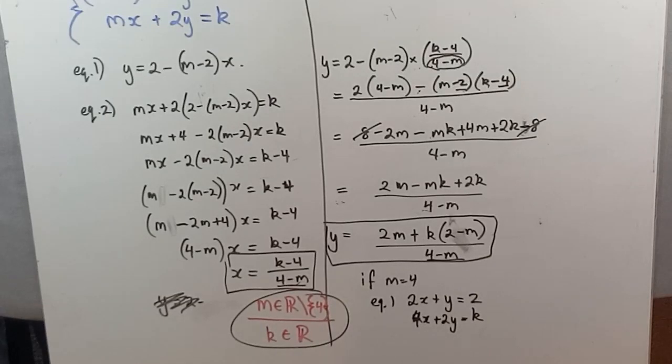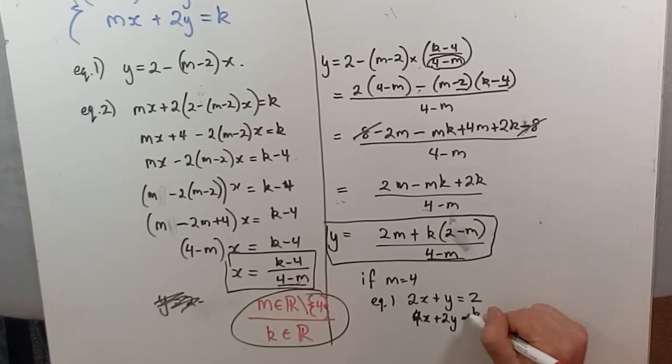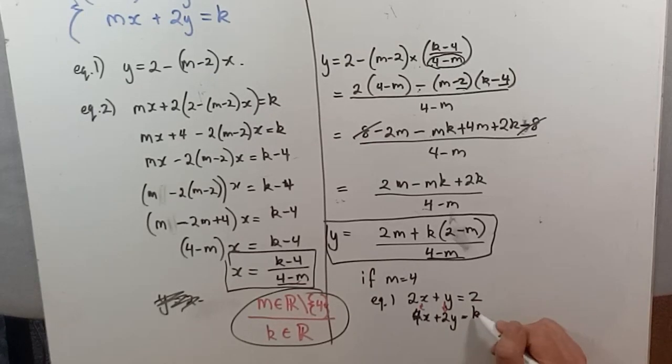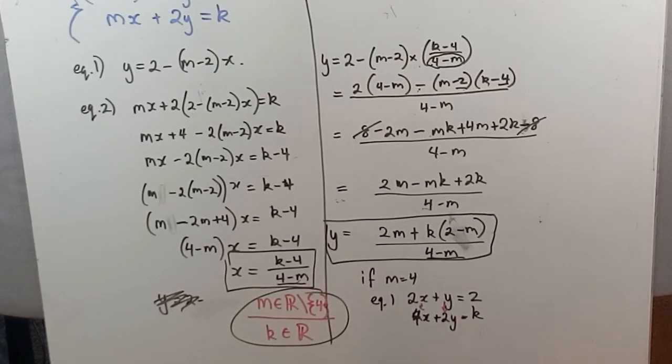Okay, so I've got two things that can happen here. If k was 4 here, see how the coefficients are double. So if the k was 4, then all the coefficients and constants would be doubled each other. It would be the same line because I could divide everything by 2 and get the same thing happening.